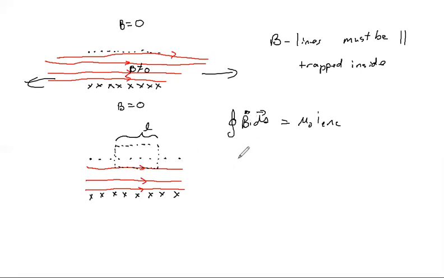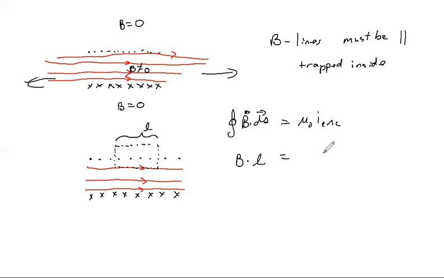So this is simply going to be B times l, because this magnetic field can't vary. It has to be parallel to that line. And because the field lines can't bunch up or squeeze, because they can't bend, we expect the field strength to be constant along that curve.